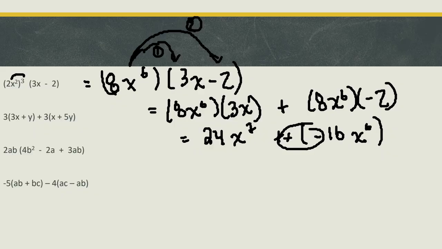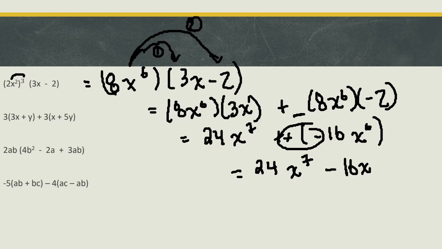This is going to become an overall negative. Eventually you're just going to know in your head to plop a negative in there. But for now, we go back to that rule about two opposite signs together resulting in a negative. So anyways, 24x^7 minus 16x to the power of 6.